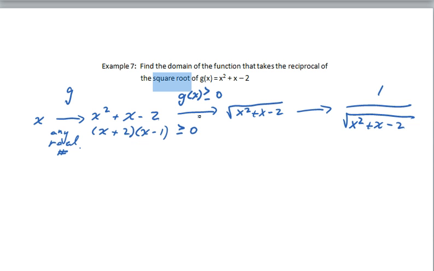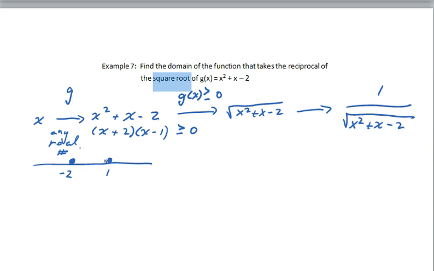What we're going to do here is start with considering the number line that we had in the previous example, where we found that negative 2 and positive 1 were in fact places where the function equaled 0. And so negative 2 is going to be in the solution set, as is positive 1.